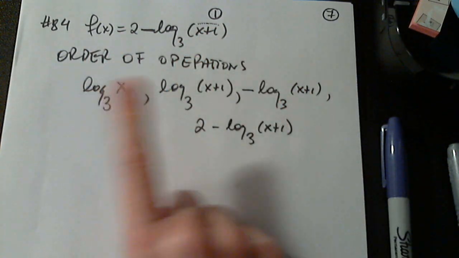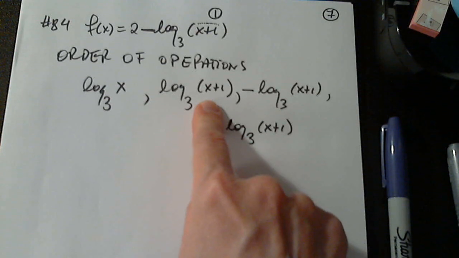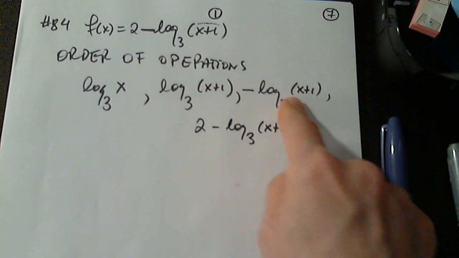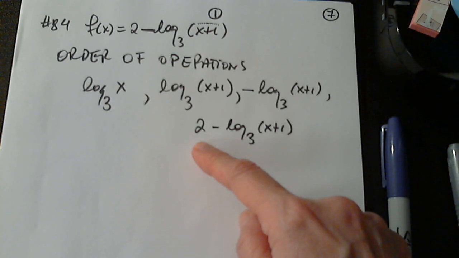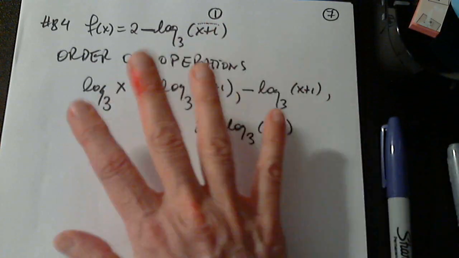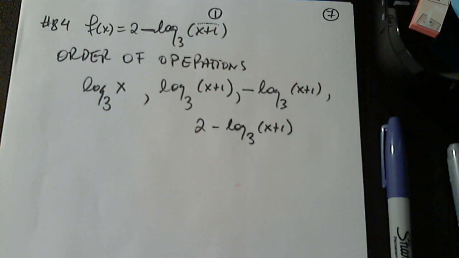The base function, the shift to the left, the reflection, and the upshift of 2 units. Do you need me to repeat this before we graph them?